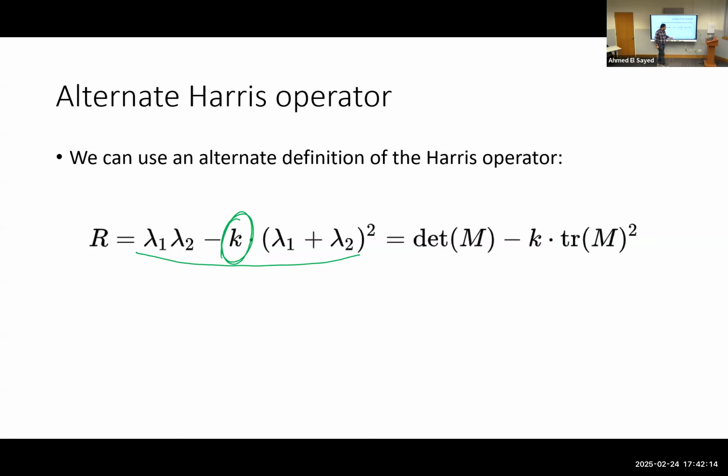So I will find the determinant and multiply the square of the trace times K and subtract them from each other. And after that, I will find the maximum value in this value. This is actually the one used recently in all calculations.